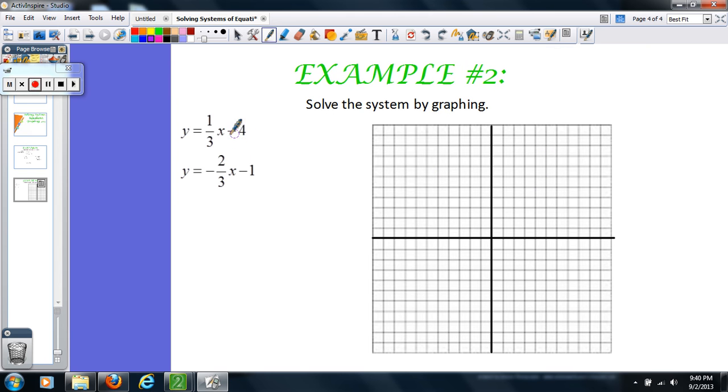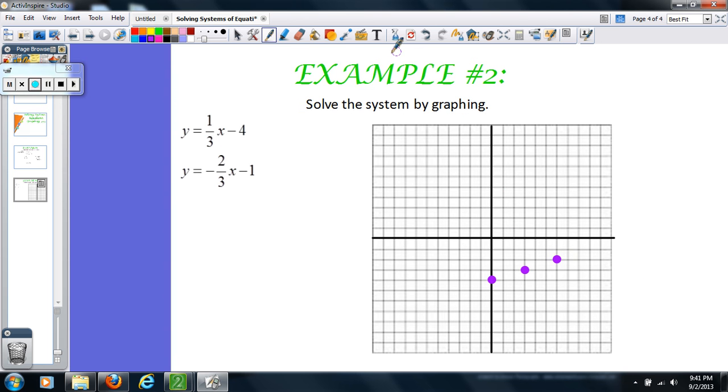So let's go ahead and do this one. We should know by now that negative 4 is my y-intercept, so I'm going to go 0, 1, 2, 3, 4, which is going to go right there. And now I can use my slope, just the easiest way. I can use my slope, which is 1 over 3, to find the other points that I need. So let's go up 1 and right 3, which is right there, and we'll do up 1 and right 3 again, which is right there.